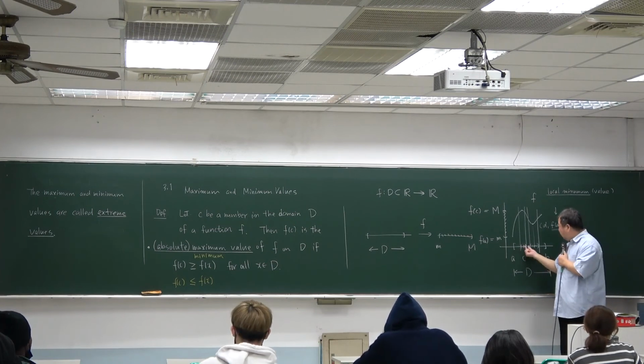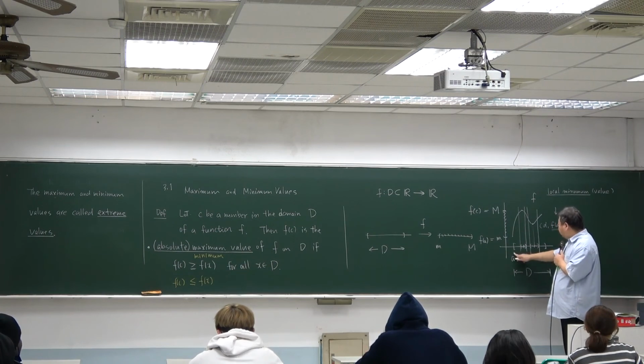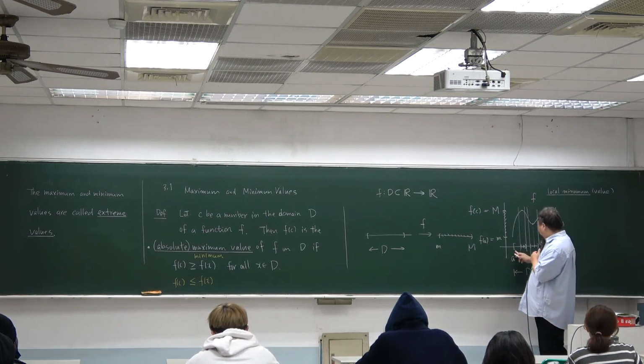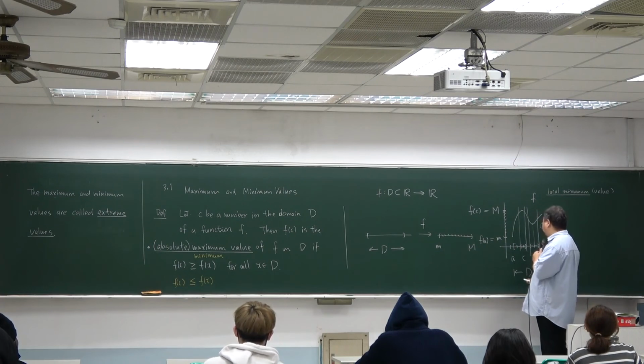Maybe a small radius is enough. But for this number a, it is not a relative minimum, because for any neighborhood of a, there is always a part not contained in its domain.